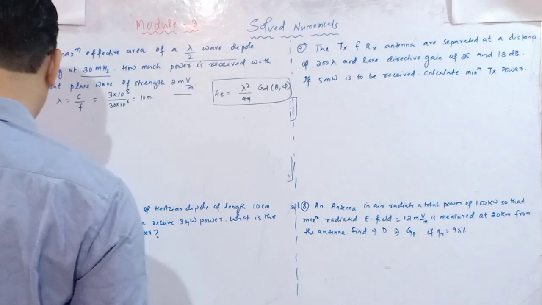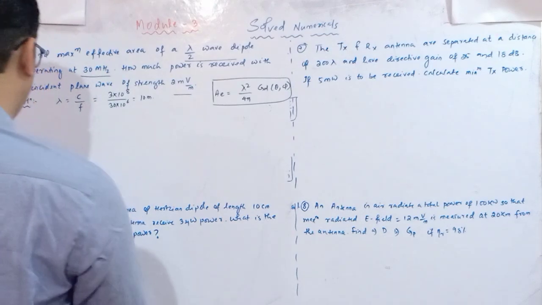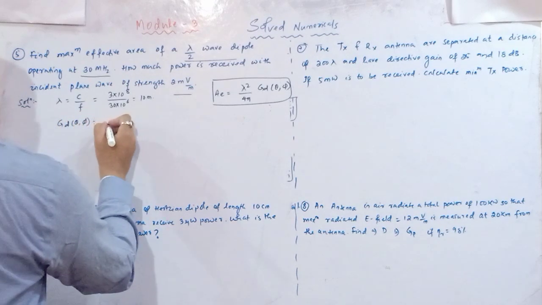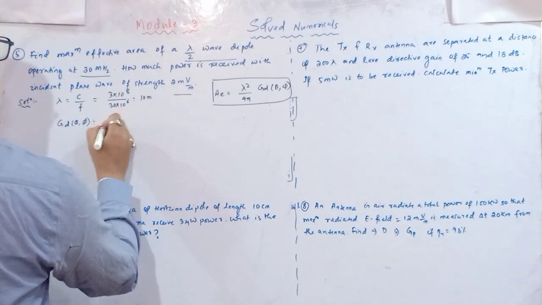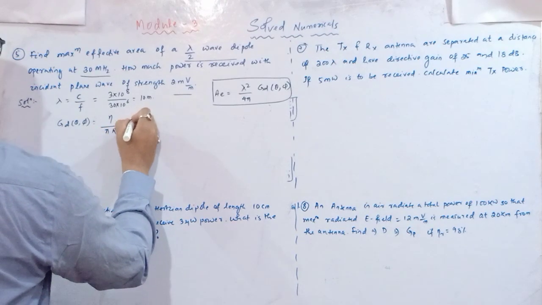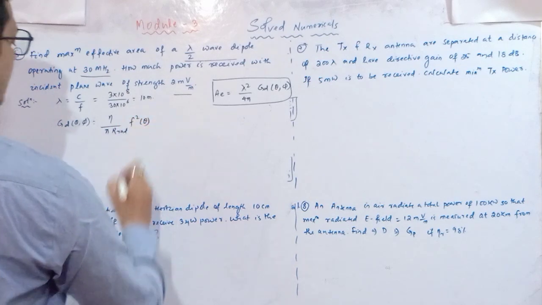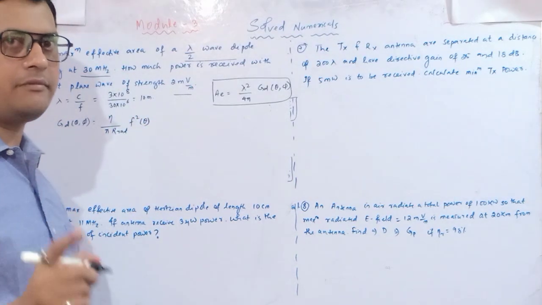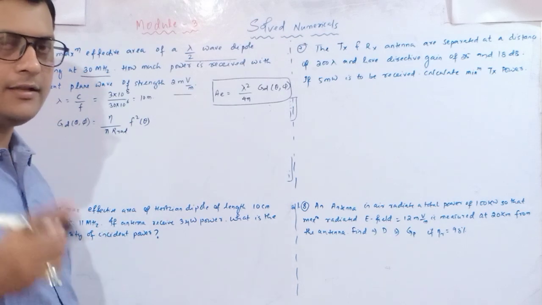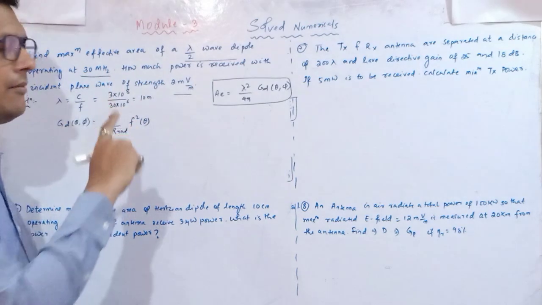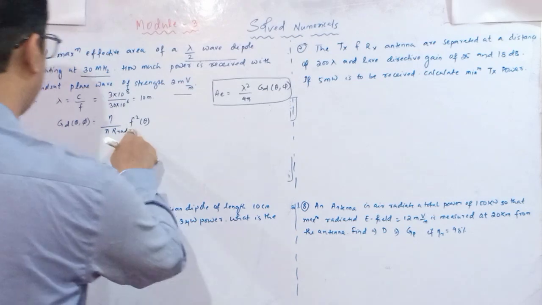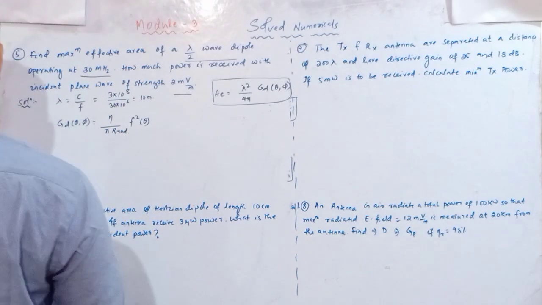Okay. So once we have got lambda as 10 meter, then determine the directive gain GD theta comma phi. And for this we have a relation, it is eta divided by pi R rad into f square of theta. This f square of theta is the function of that half wave dipole antenna, and we have 1.6 into sine square theta. For the half wave dipole, the function f of theta is sine theta.